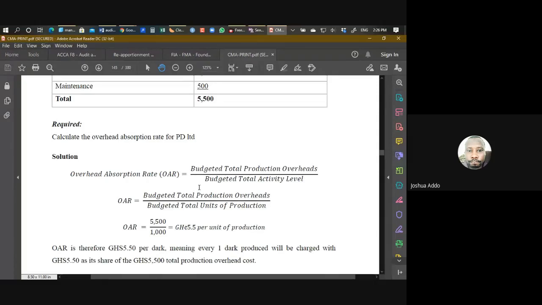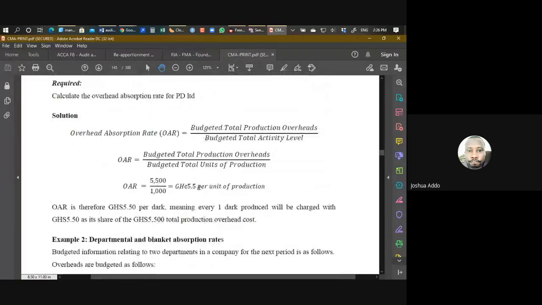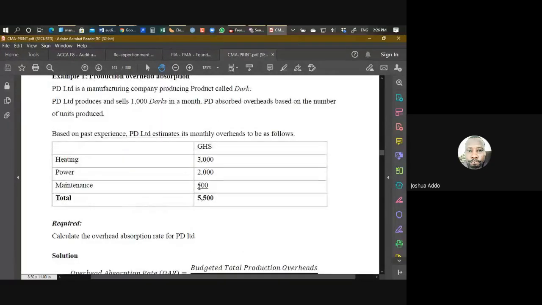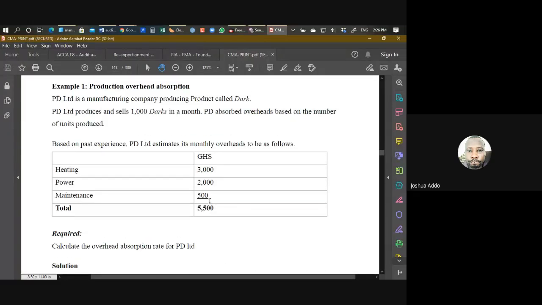If we are doing blanket, we are summing all of them. Then the basis, did the question tell us anything about the basis? Yes, PD absorbs overheads based on number of units produced. So that's the basis. The solution is very simple.